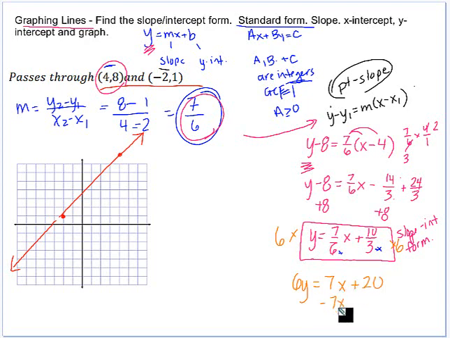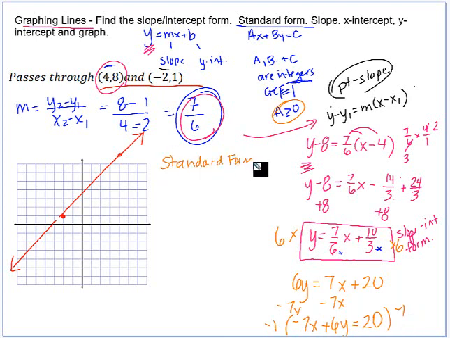We need the x on the other side, so we'll subtract our 7x. So now we have negative 7x plus 6y equals 20. And our first value, a, has to be positive. So now we're going to take our equation and multiply it by negative 1 on both sides. That gives us a standard form of 7x minus 6y is equal to negative 20.